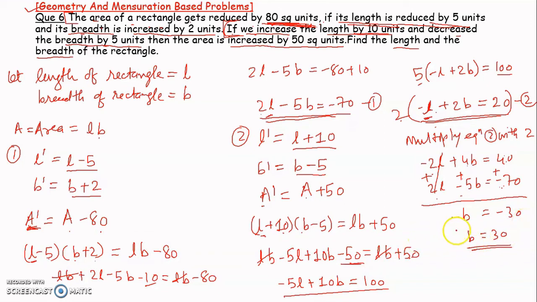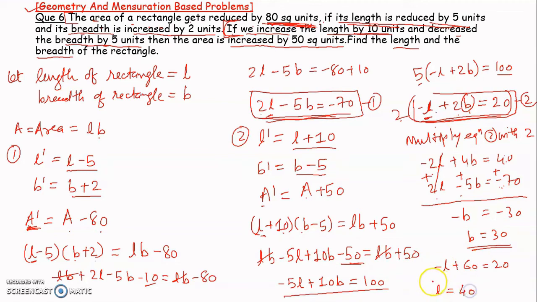Now put this value of B in either equation 1 or equation 2. If you put it in equation number 2, then we get minus L plus 30 multiplied with 2, that is 60, equal to 20. So we'll get the value of L equal to 60 minus 20. So length is 40 and width is 30.